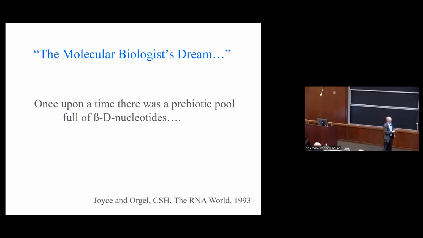There is not going to be a nice prebiotic pool on the early Earth filled with high concentrations of absolutely pure activated ribonucleotides, okay? It's very nice, and you have to start off in lab experiments with this kind of artificial pure systems, but come on, we have to think about how to make this more realistic. How could something like this actually get started on the early Earth?